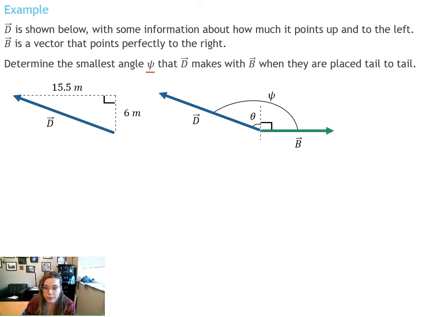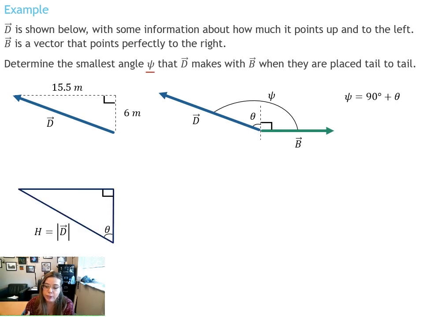I need to figure out what that angle is, but I can use that triangle that vector D made, about those dimensions. I can use that to get theta. And I'll just use this relationship here, that 90-degree angle plus theta, those two things added together will give me psi. So let's redraw this triangle.